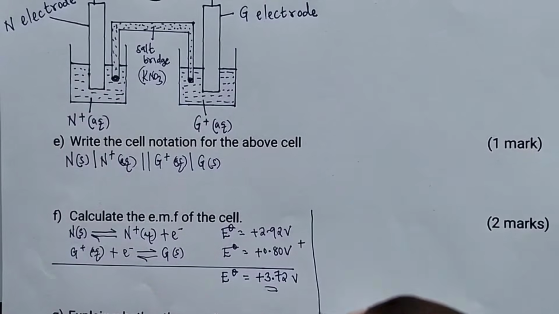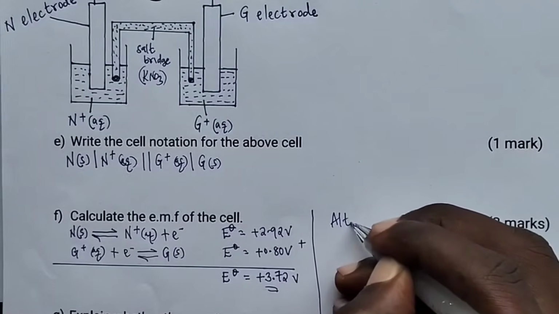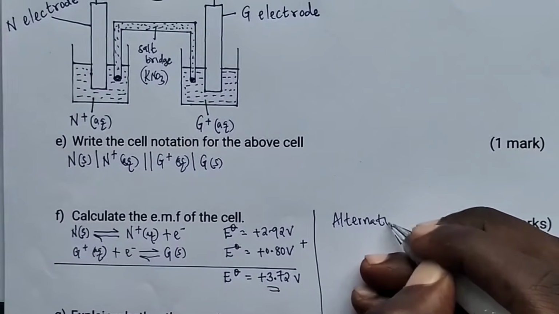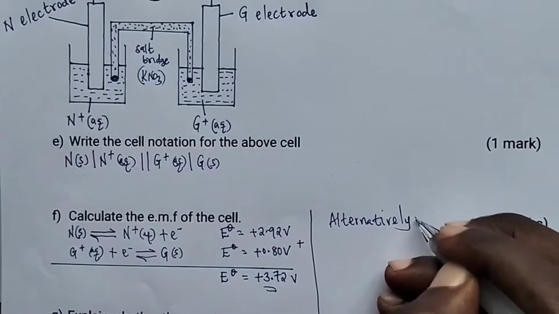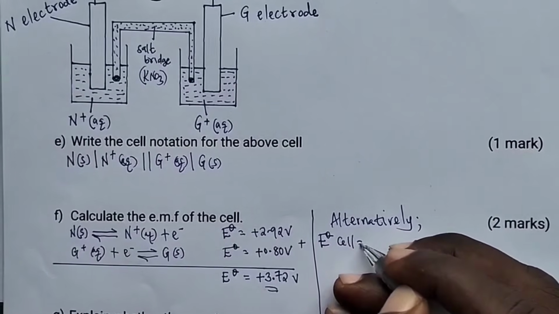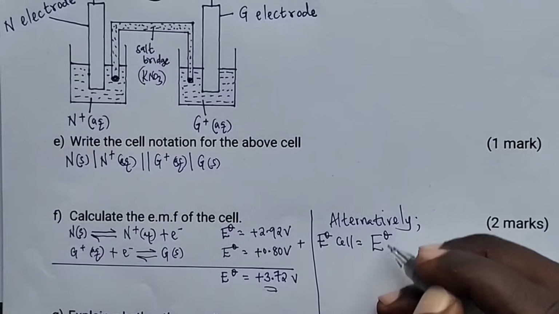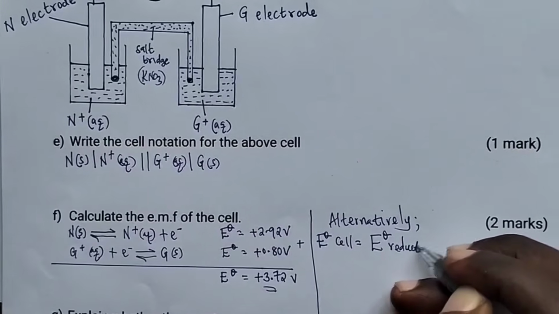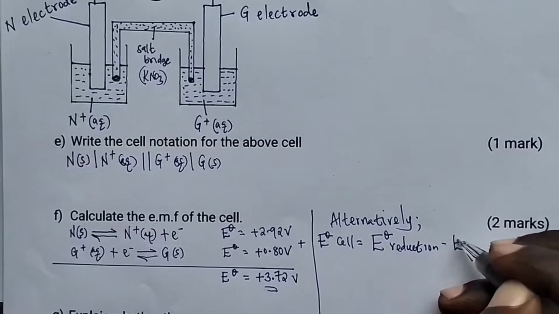Or we can do it alternatively. We can use our formula. The standard electrode potential value of a cell is obtained by E reduction minus E oxidation.